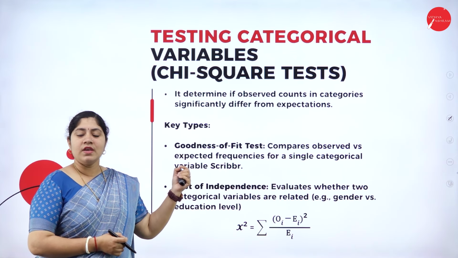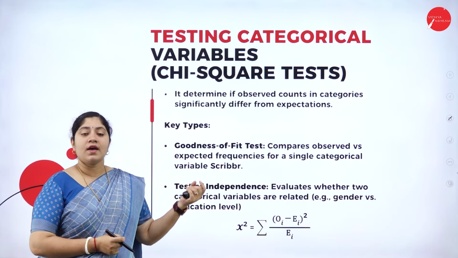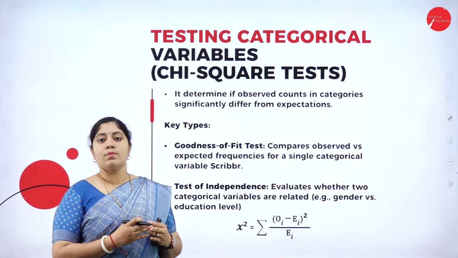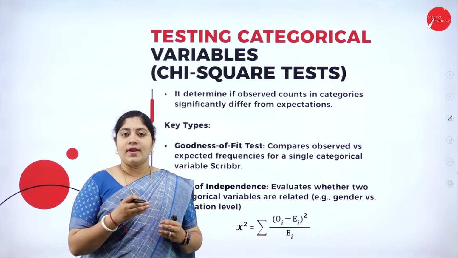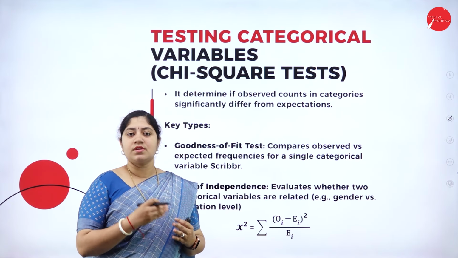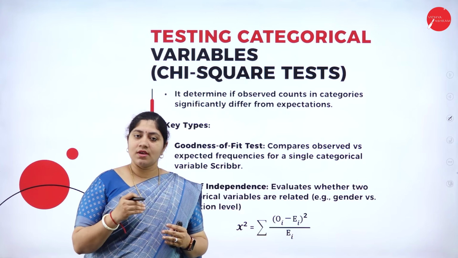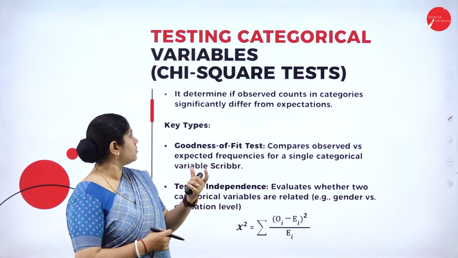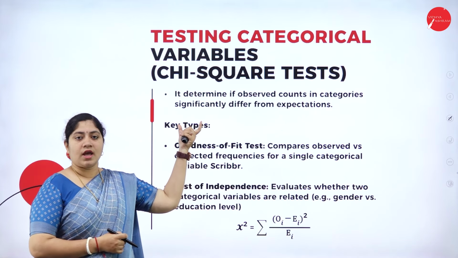Whenever we have a few samples that are categorized, and in that category the observed number of counts, is it equal, is it different, or is it the same? These differences or comparisons will be marked by this chi-square test.